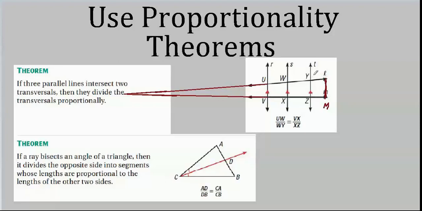On the other hand, we've got this one here, UW over WL is the same as VX over XM. And you can just keep combining these until you convince yourself that this is true. The transversals are always going to be broken up proportionally.